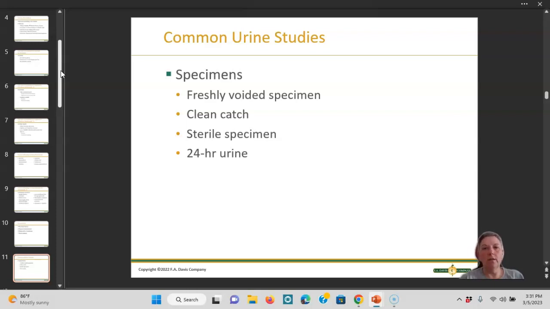Know the difference. And then a 24-hour urine we do on adults that are complaining about pain upon urination, but we also do it for pregnant patients to see how much BUN and creatinine is coming out of the urine for 24 hours. So, interesting fact about a 24-hour urine.